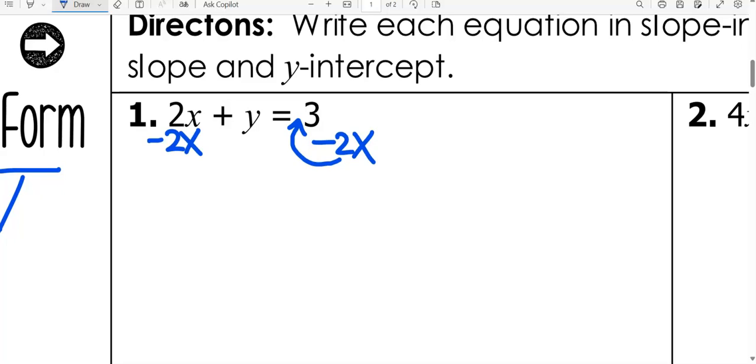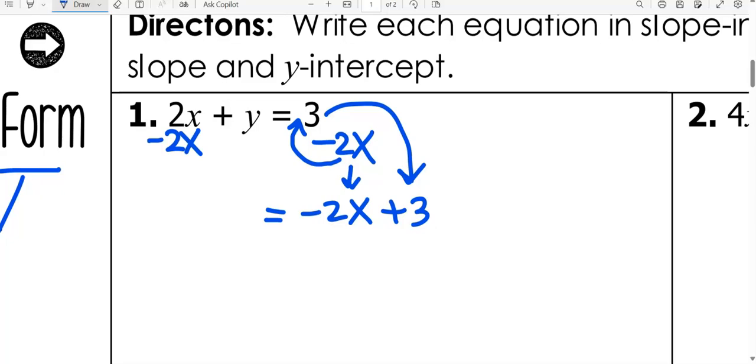So I'm always going to draw that little arrow to remind myself to put the x term in front of the constant. Okay? Make sure you're looking over here. Here's what I mean. Bring down equals. The minus 2x is going to go first, and then that positive 3 is going to go after it.